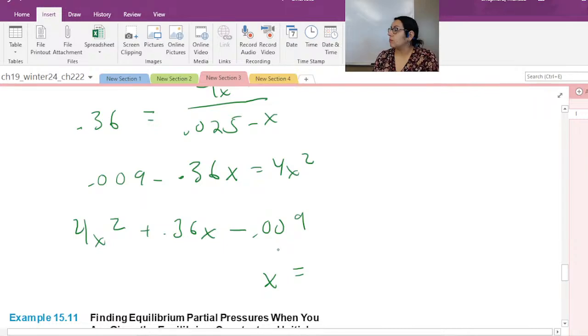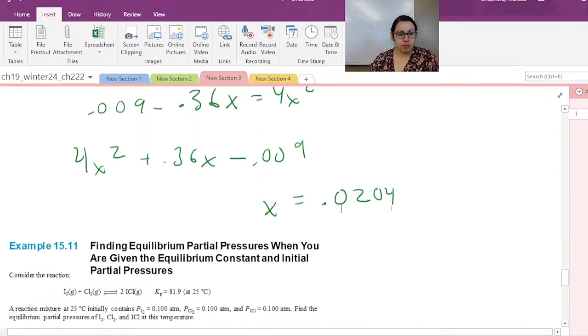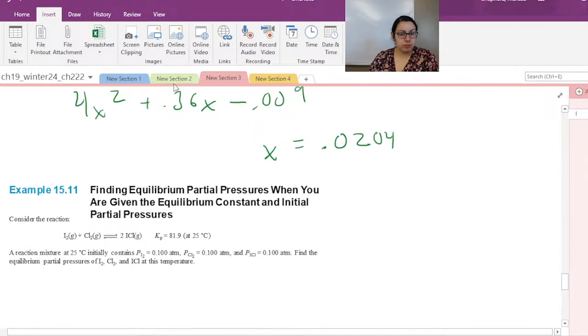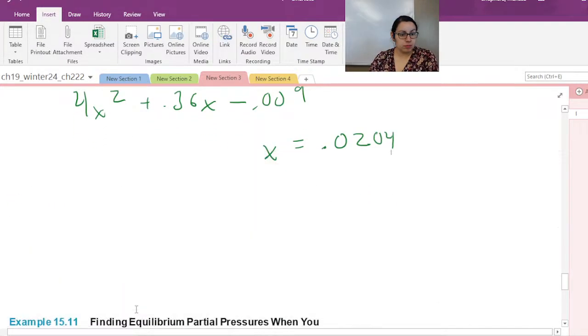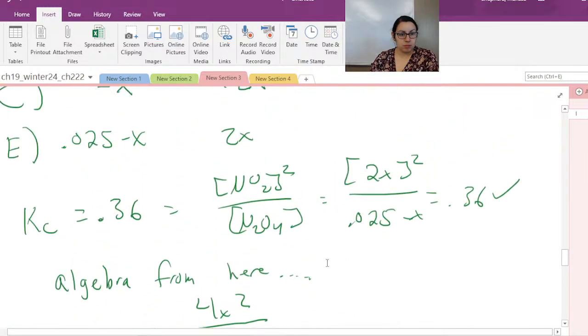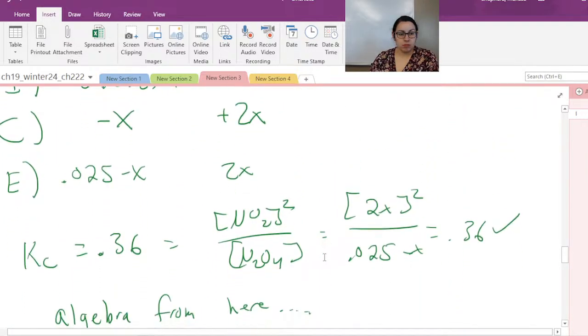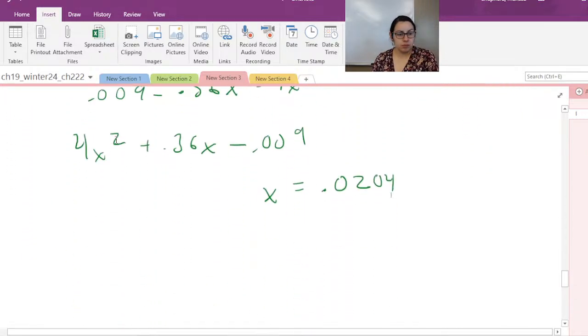And the value that I got for x was 0.02, and then we have to take this back to this, and 0.25 minus 0.02 equals our equilibrium concentration, which is 0.05, and then 2 times substitution for x gives us 0.04.